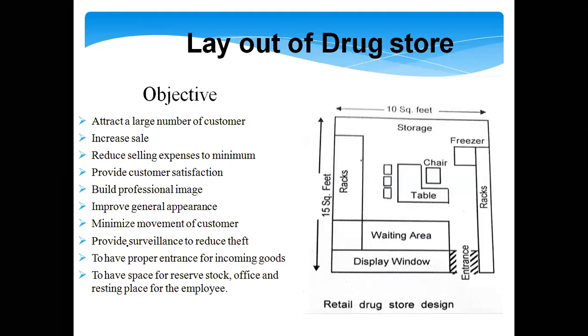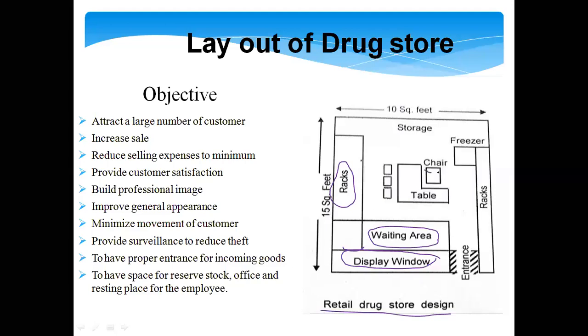You have to see this picture, the layout of retail drugstore designs, which you already studied and discussed in community pharmacy. Here is the display window to display the various products available in the market. Then the waiting area, and the racks for storage of the medicaments.